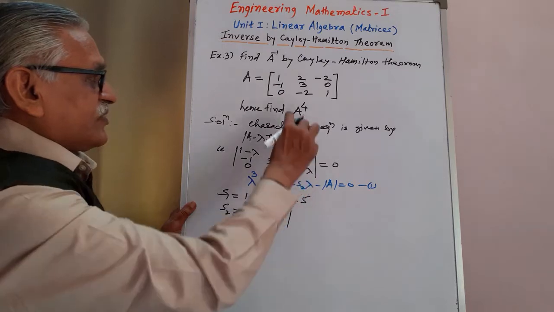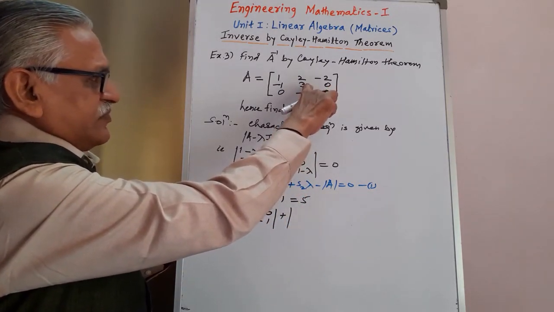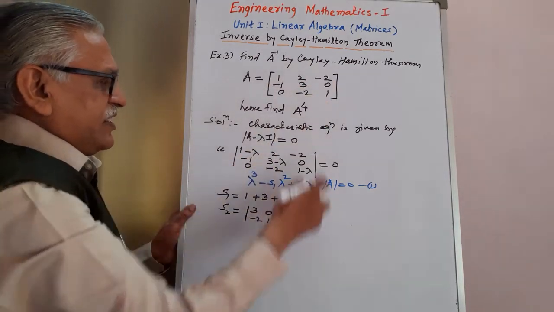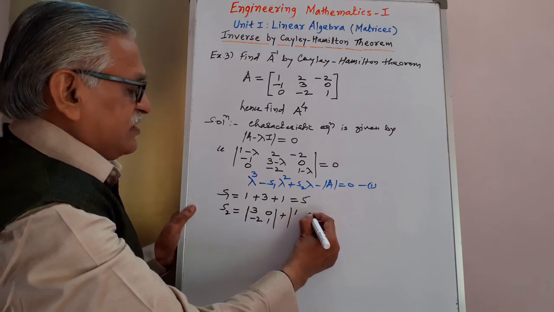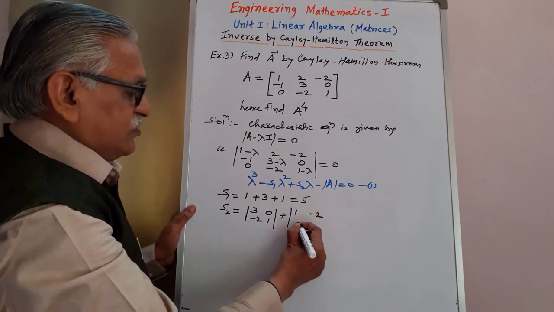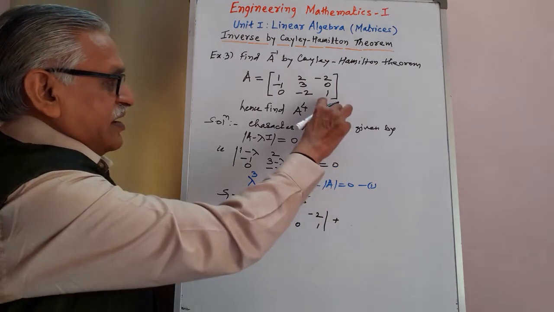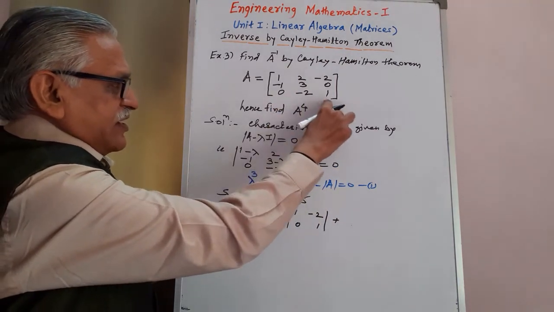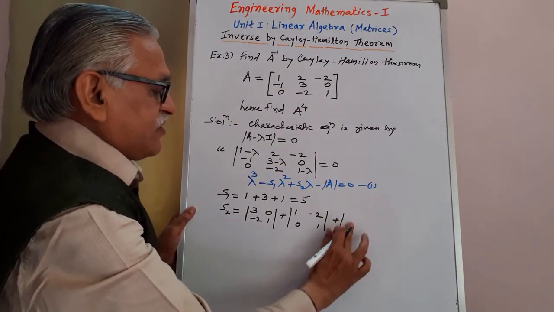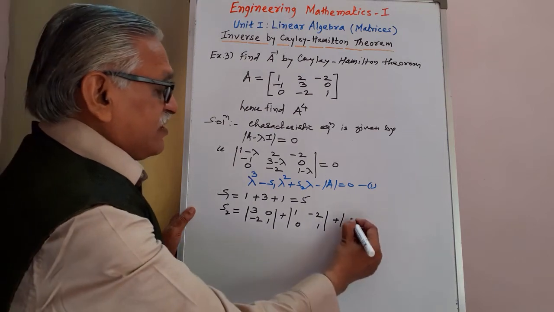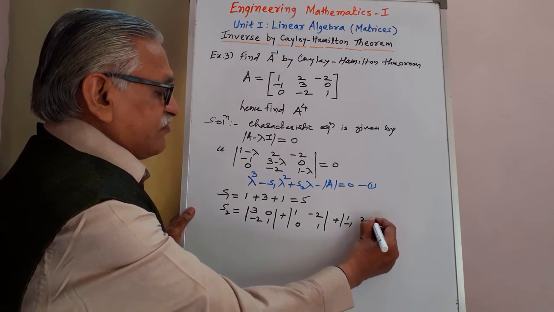Then next, the minor for the second diagonal element 3, neglecting this row and the column containing it. Determinant of the remaining 4, 1, minus 2, 0, 1. And then the minor for the last diagonal element, neglecting this row and the column containing it, determinant of the remaining elements 1, 2, minus 1, 3.